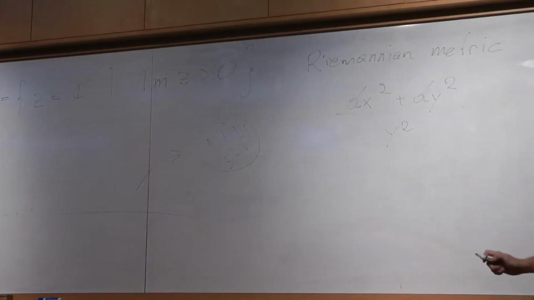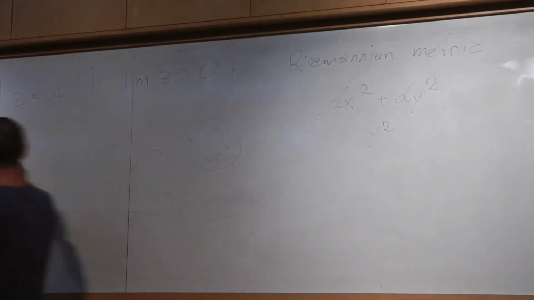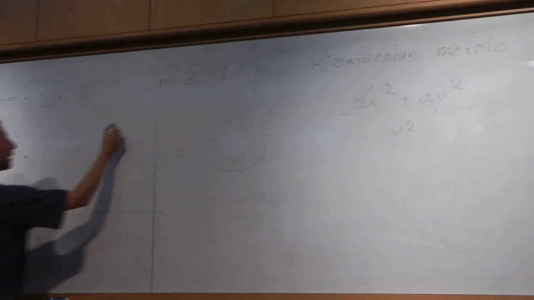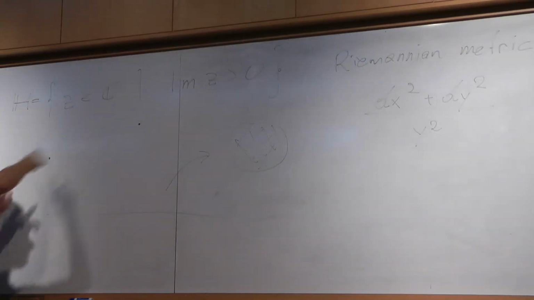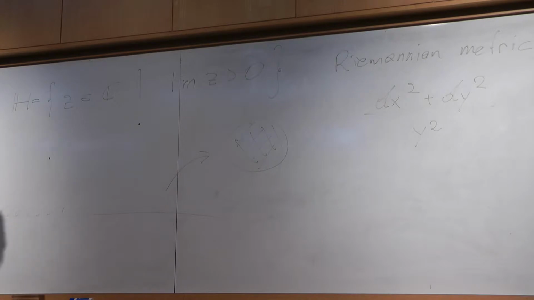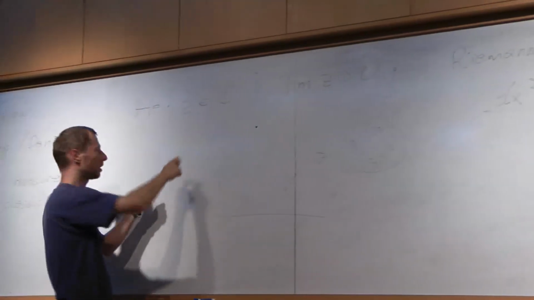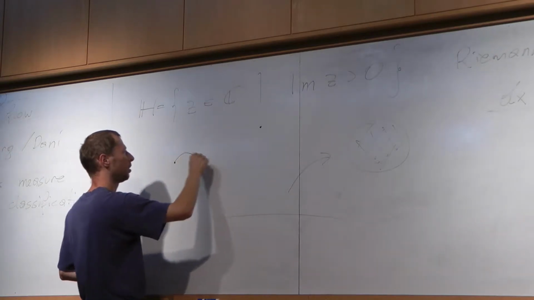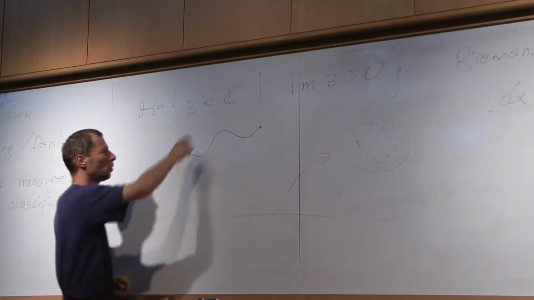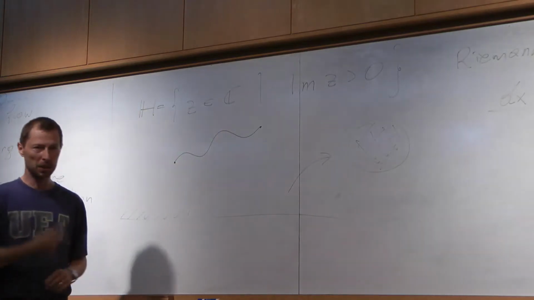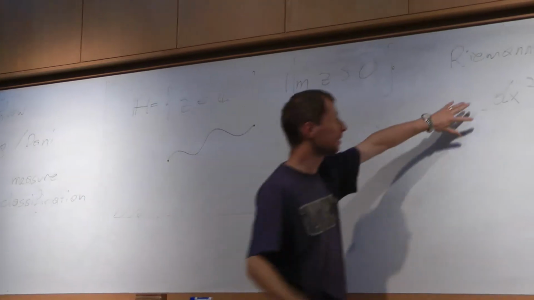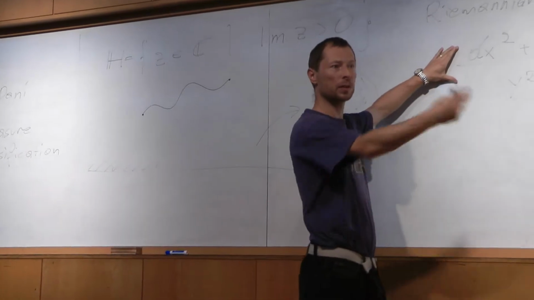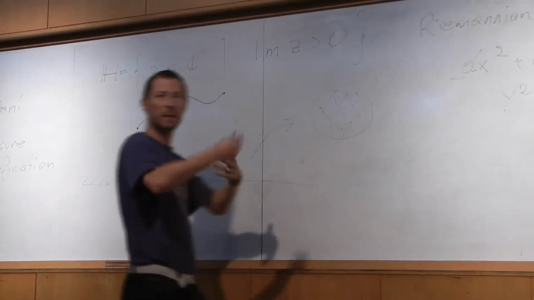Right, what do I do with this formula? If I take 2 points, this point here and that point here, and I want to know the distance, I first look at paths that go from here to there and are piecewise smooth and so on. So I take some curve going from here to there that is piecewise smooth, and then use this formula to tell me the length of the derivative, the speed at that time.